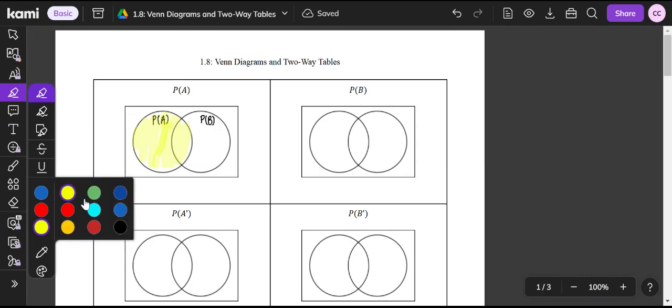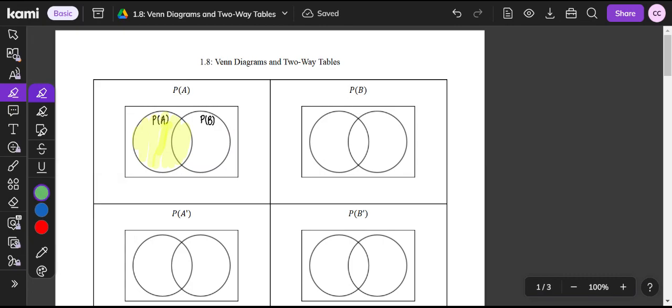But then if I jump over to the other side, if I'm worried about the probability of event B, I'm focused on this circle. So that's what I mean. We can shade these in different ways to give us a visual representation of what we're talking about.